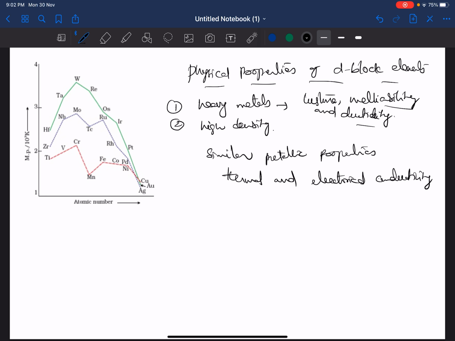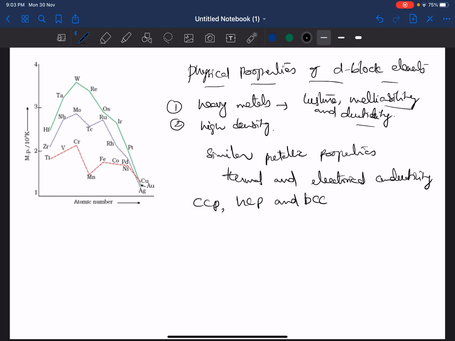And next one, they exhibit different crystal structures, like we already know the CCP close packed structure, HCP, and then BCC. So these are the main crystal structures of the D block elements.